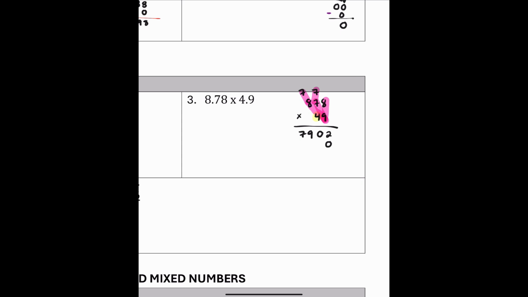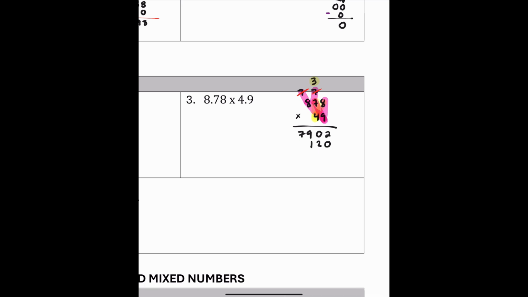And these numbers, those 7s, we don't even need anymore. So we're crossing them out so that we're not confusing ourselves, okay? So 4 times 8, that's 32. So I'll write a 2 here, and then I'm going to carry the 3. Now we're going to do 4 times 7, which is 28, plus 3, that's 31.